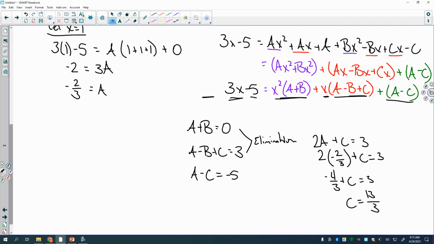And then I'm just going to come back to here. -2/3 plus B is equal to 0. That means B has to equal 2/3.